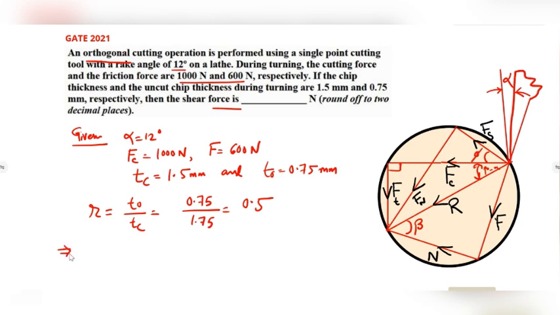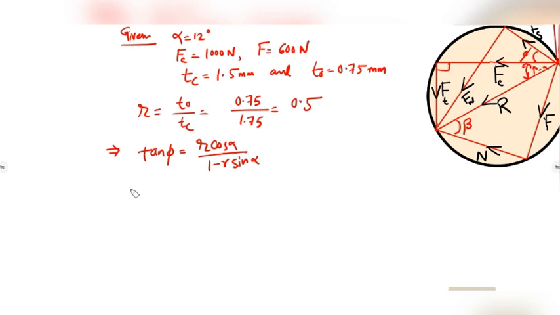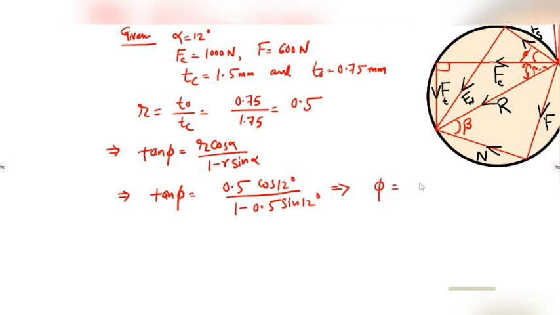Further, in the last lecture we discussed tan phi is equals to r cos alpha divided by 1 minus r sin alpha. Therefore, now tan phi is equals to 0.5 cos 12 divided by 1 minus 0.5 sin 12. So we'll solve this and we'll get the value as phi is equals to 28.63 degree. Now we have the value of phi, that is the shear angle.